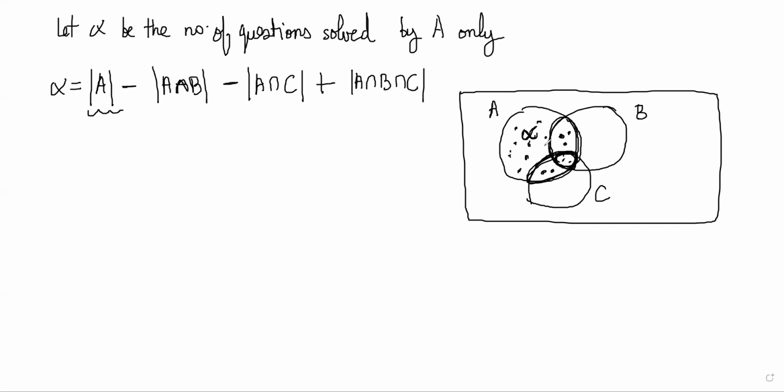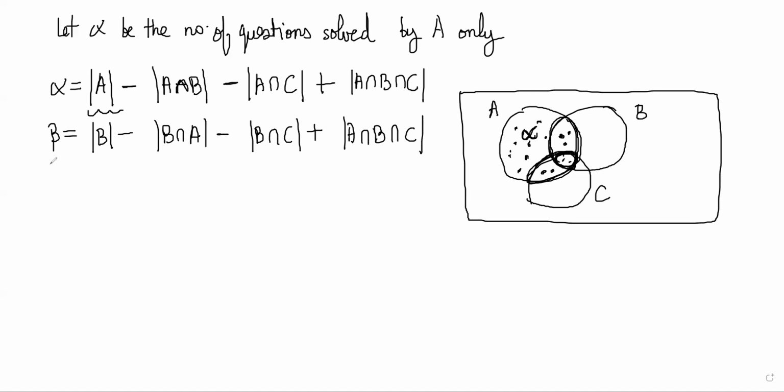You don't want to double subtract instead of subtracting once, right? So alpha is this. Similarly, beta will be B minus B intersection A minus B intersection C plus A intersection B intersection C. This is the number of questions solved by B alone.